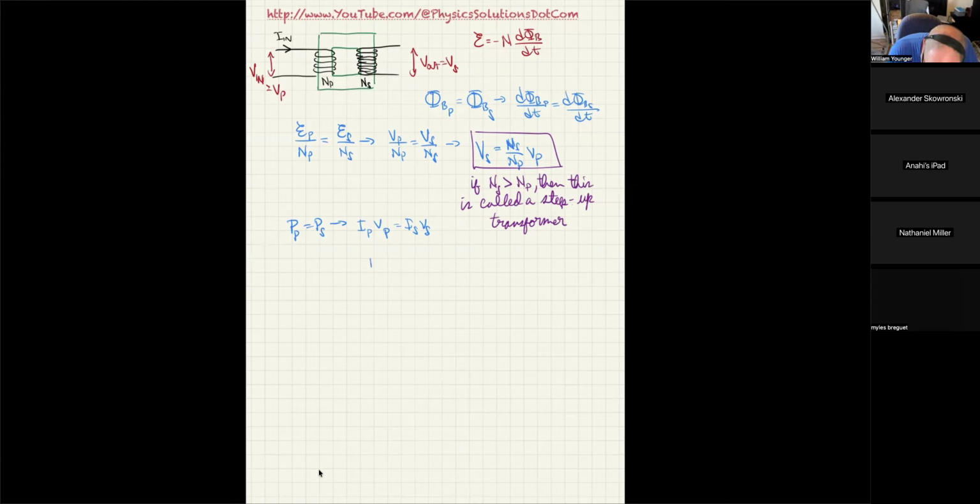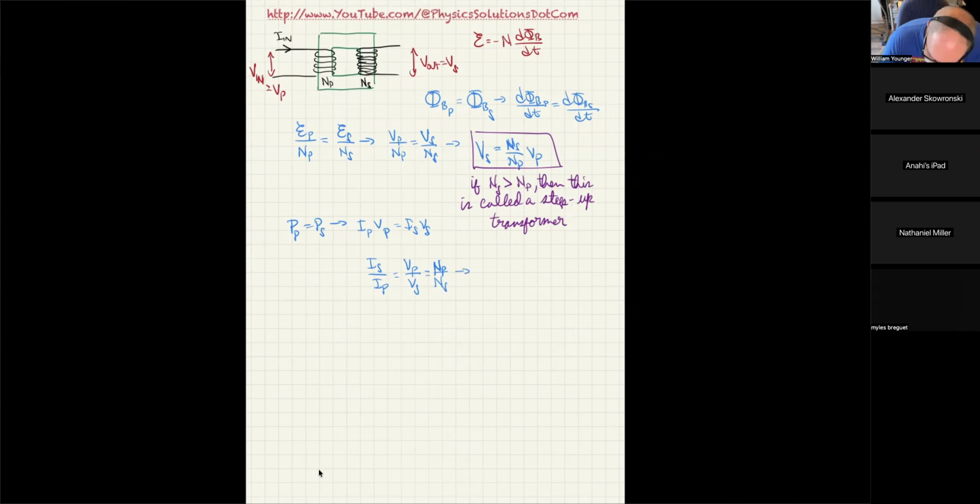Because of that, you can say that I S over I P is equal to V P over V S. Looking at that with respect to the transformer equation, V P over V S would equal N P over N S. Make sure I did that right. V P over V S is equal to N P over N S.